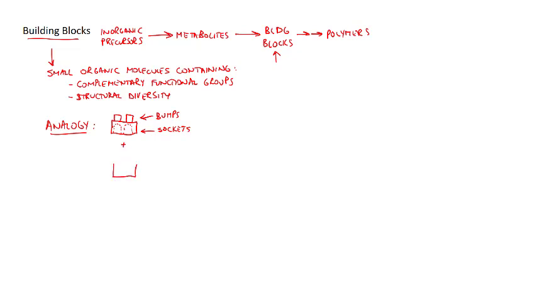So if you take two Lego pieces and you plug one together with the other, what do you get? Well, you stack them up like this so that the bumps on one plug into the sockets on the other, and we're left with a larger piece. So the bumps and the sockets are analogous to our complementary functional groups.